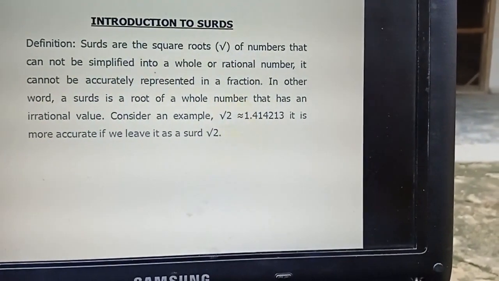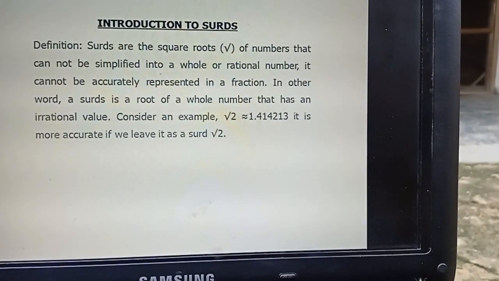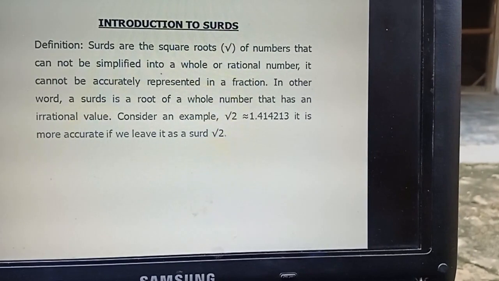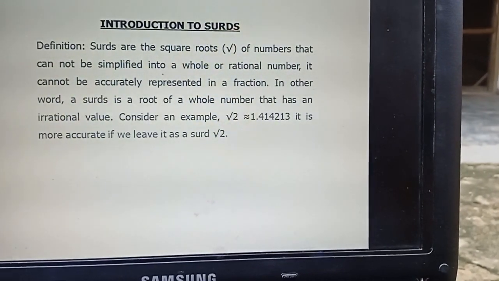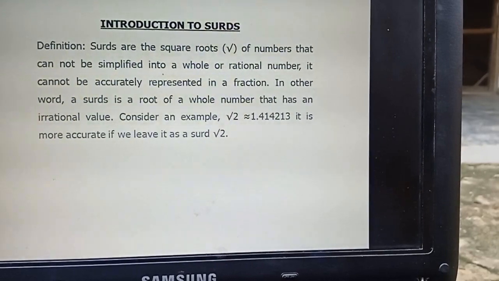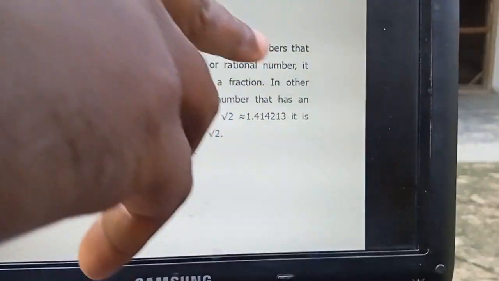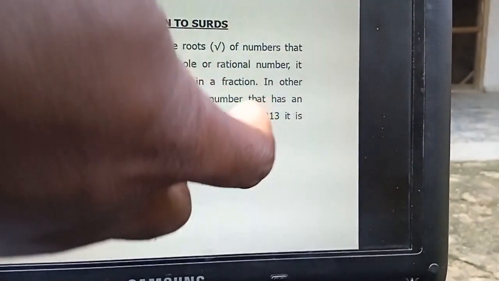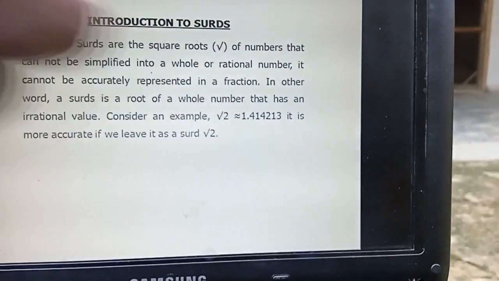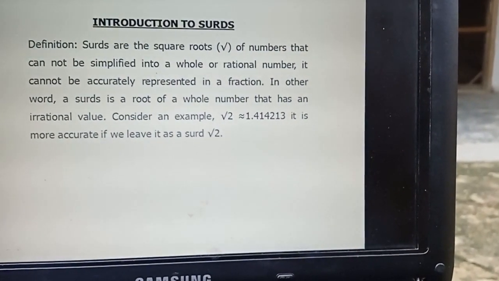For example, root of 2 will give you 1.41421356. It is more accurate if you leave the answer as root 2. Instead of giving these numbers, just leave it as root 2. Is that clear?